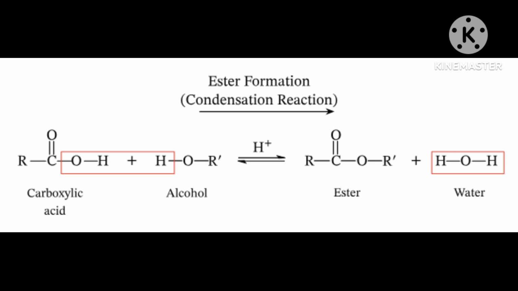As I already told you, R went to the carbon, which is positively charged, and now the negatively charged oxygen joined with MgX. Only one bond is broken, the bond between R and Mg of the Grignard reagent.